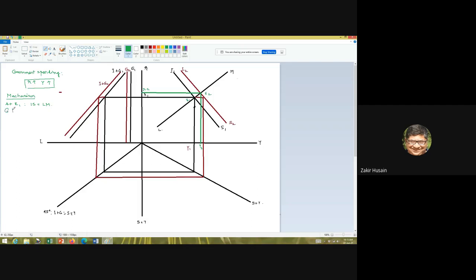Then we have an increase in G, which means the total investment I plus G will increase for the same rate of interest. So if there's an increase in G, what happens? E, which is aggregate demand, will rise. So we have excess demand in the commodity market. Okay.